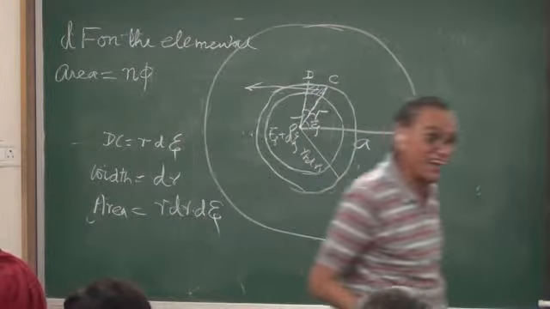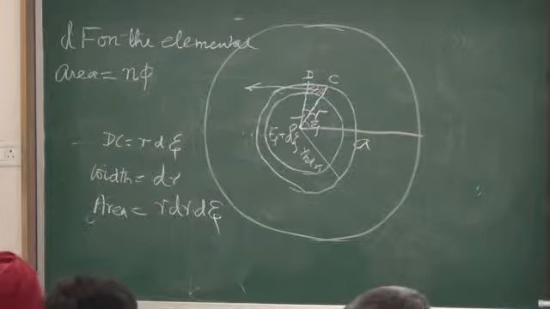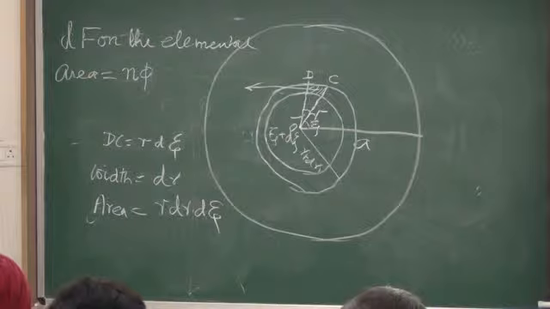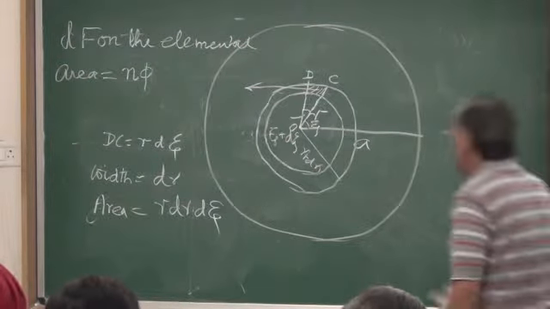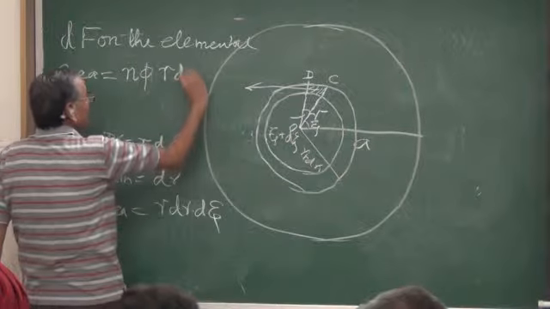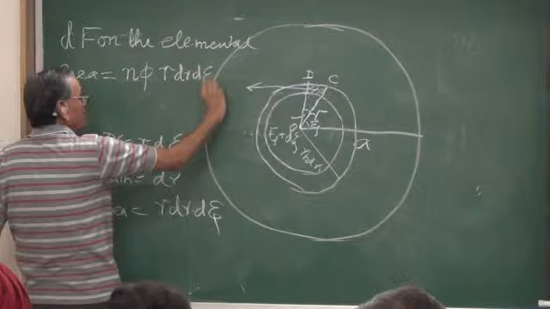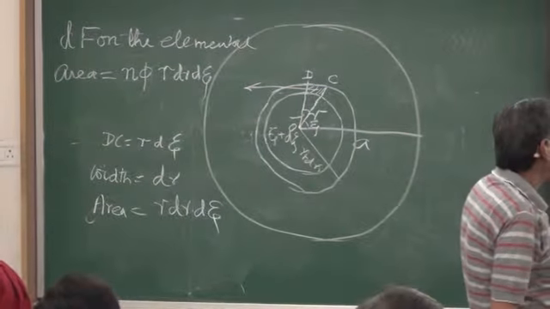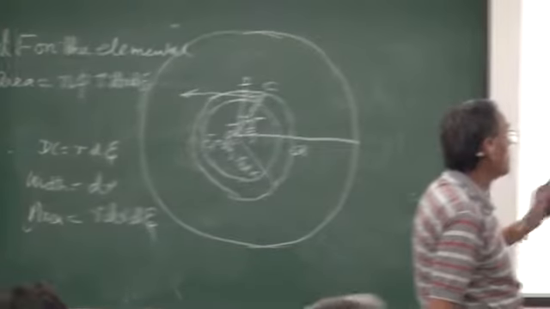The strain is phi, stress by strain is n, so stress is n phi. Stress is force per unit area. So force on this area is n phi into r dr d psi. So that is the force on this area.